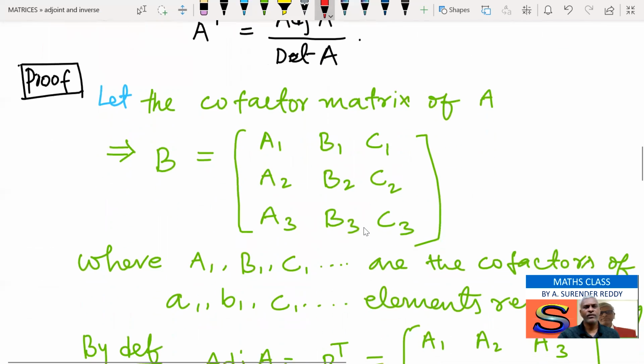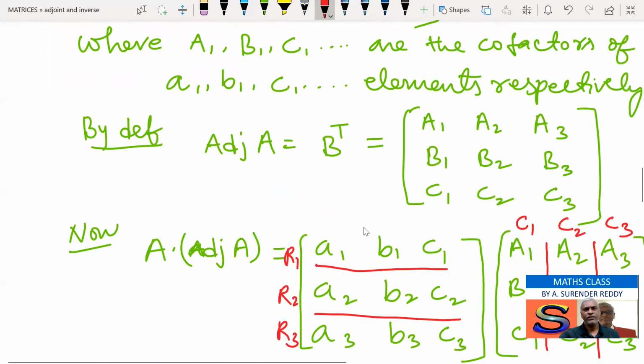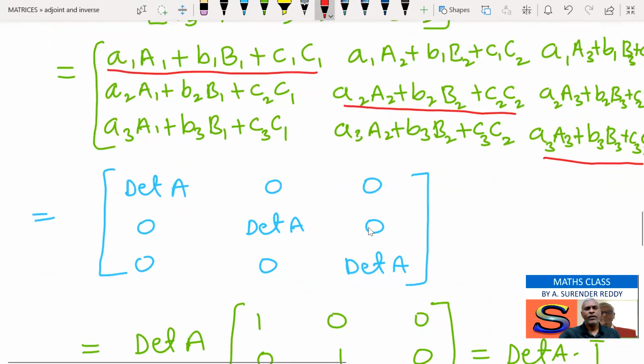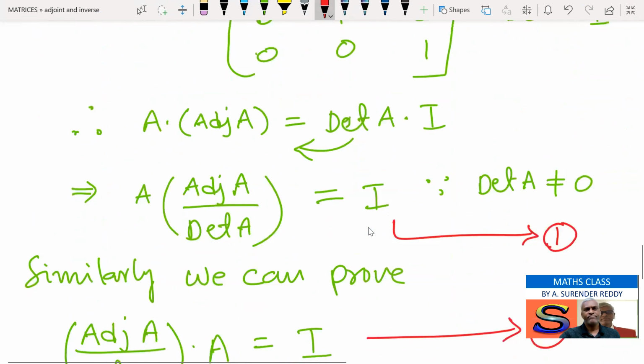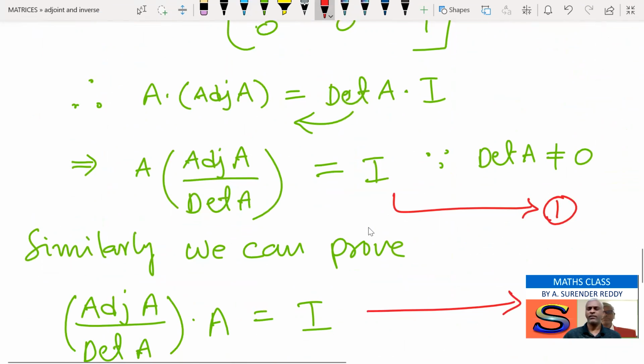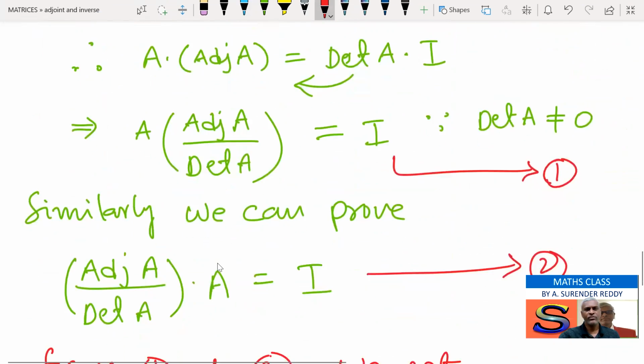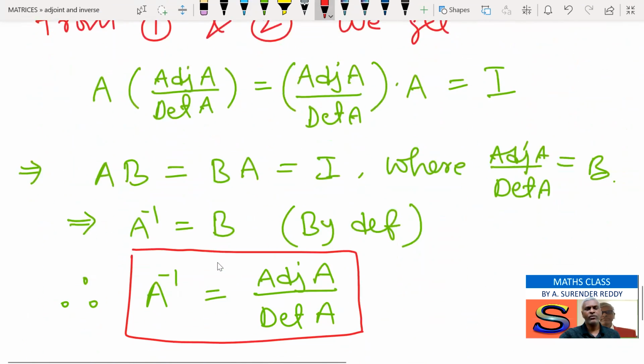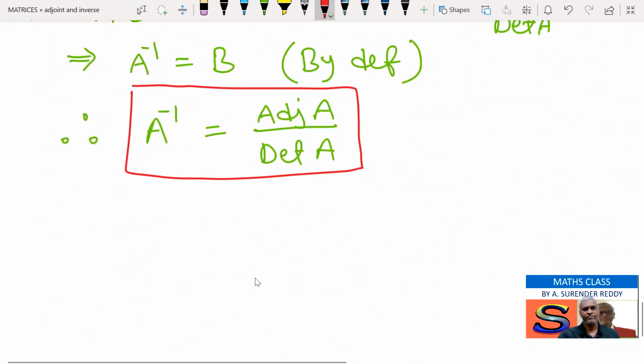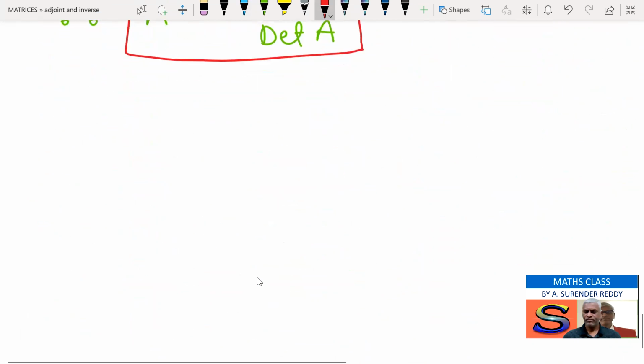First we find the cofactors, then adjoint, then multiplying A into adjoint A and proving A into adjoint A by det A is equal to I. Similarly, adjoint A by det A into A is equal to I. So by 1 and 2, we get AB is equal to BA is equal to I. By definition, A inverse is equal to B. That is A inverse is equal to adjoint A by det A. Very important theorem. Now let us practice some problems from the exercise.